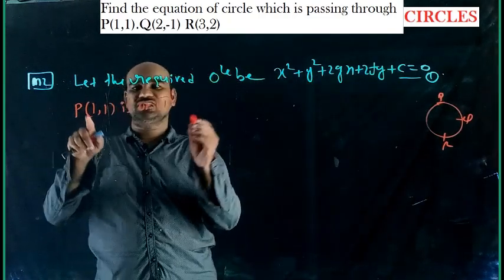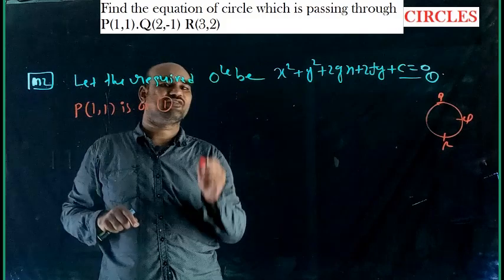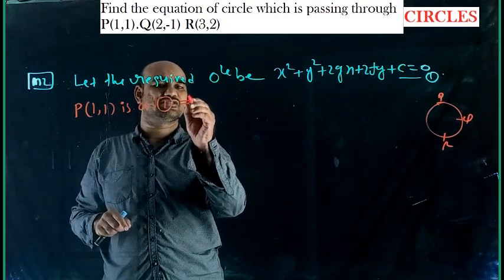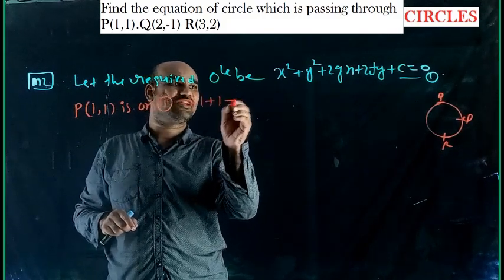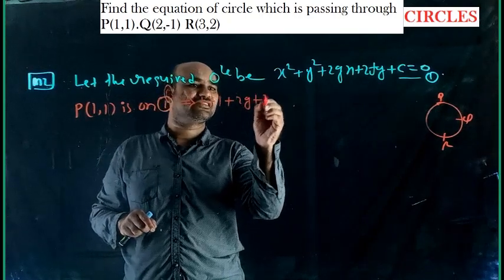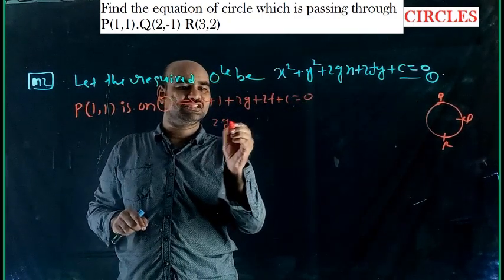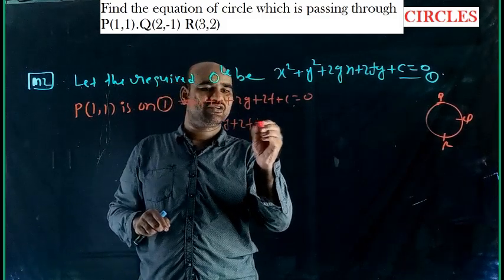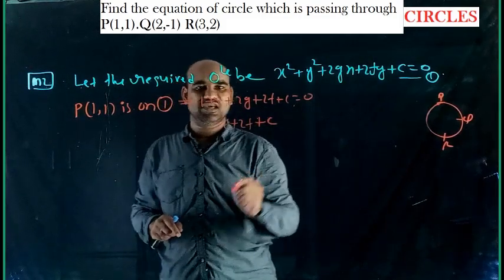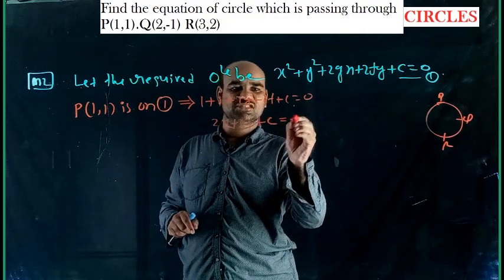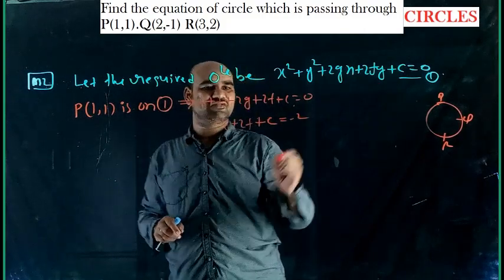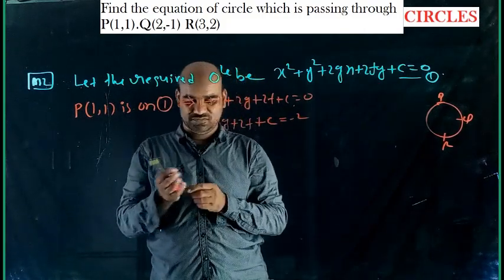Instead of x you can write 1, instead of y also you can write 1. So this gives 1 plus 2g plus 2f plus c equal to 0, or 2g plus 2f plus c equal to minus 2. So this is one of the required relations.